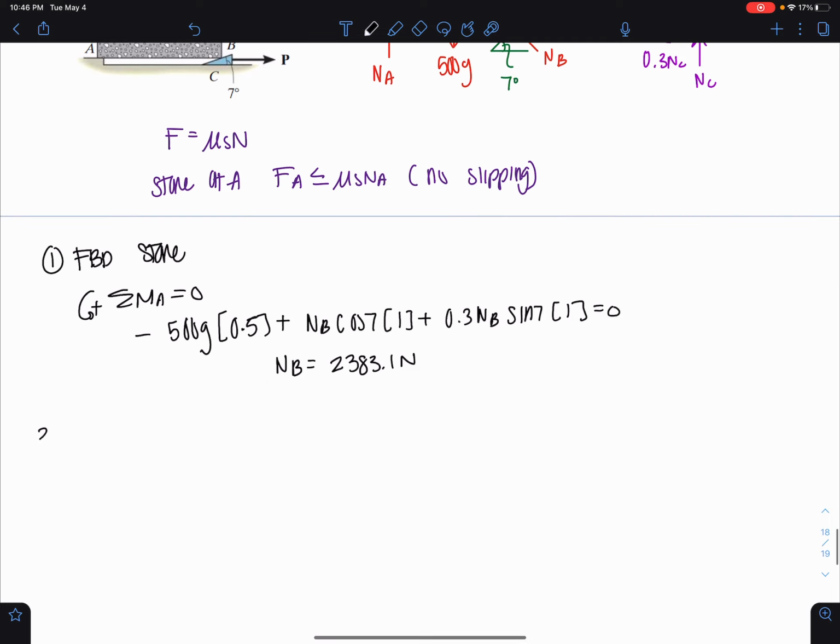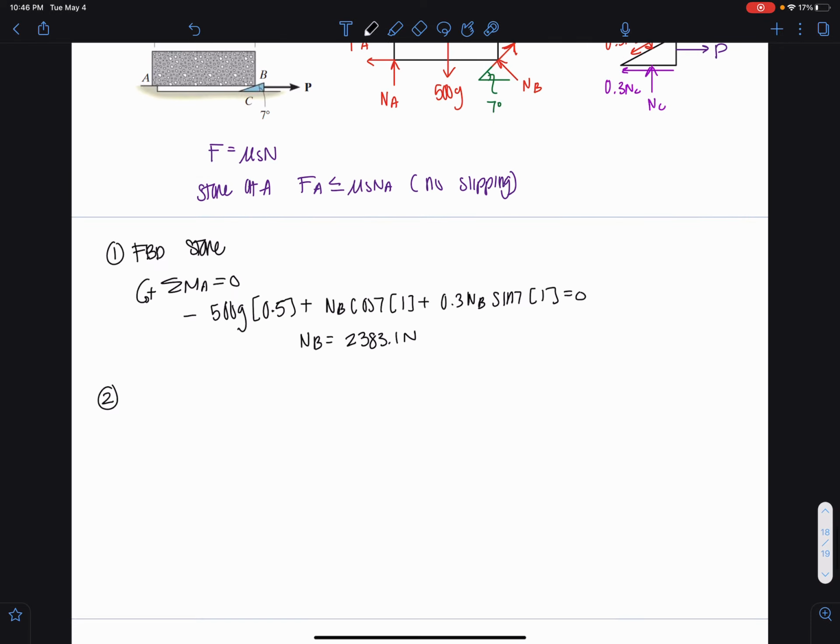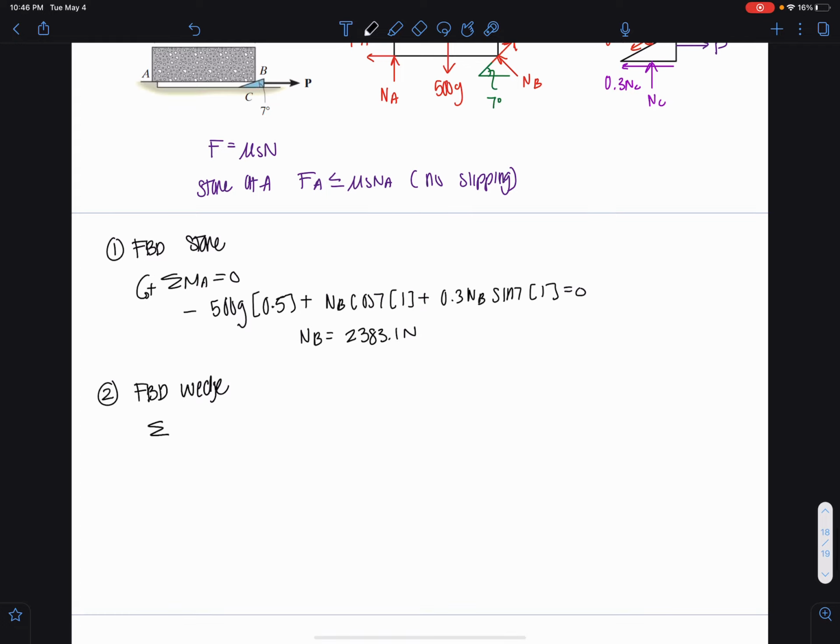And now we can look at the FBD of the wedge. I'm plugging in the 2383.1, sine 7, and I can solve for NC.